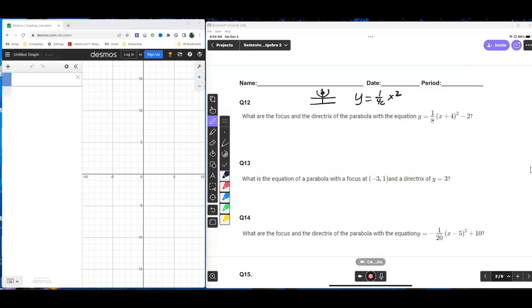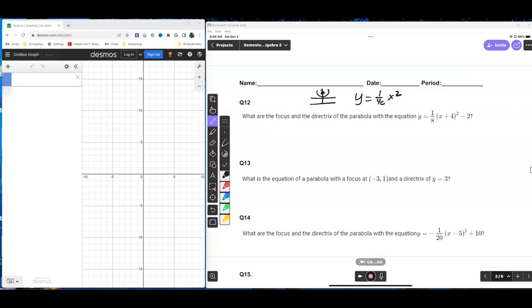So for question 12, it says, what are the focus and the directrix of the parabola with the equation y equals 1 over 8 parentheses x plus 4 squared minus 2.